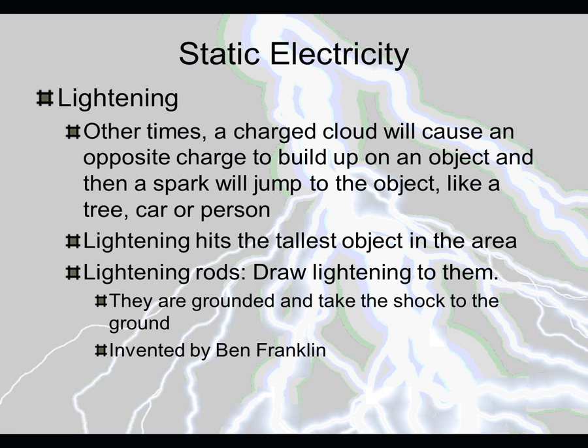So sometimes those objects will build up an opposite charge. When they do, now we've got this charge gradient, and now we can have lightning strike another object. Like a tree, a car, a person, lightning can jump from the negative cloud to the positive ground.